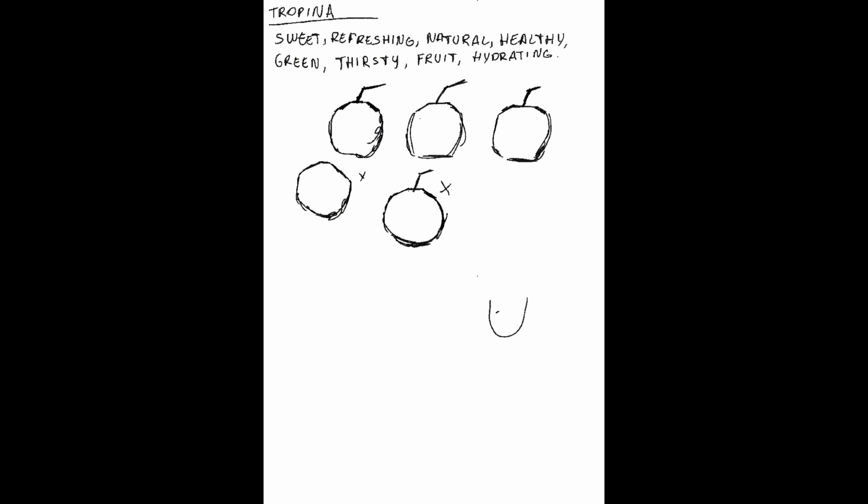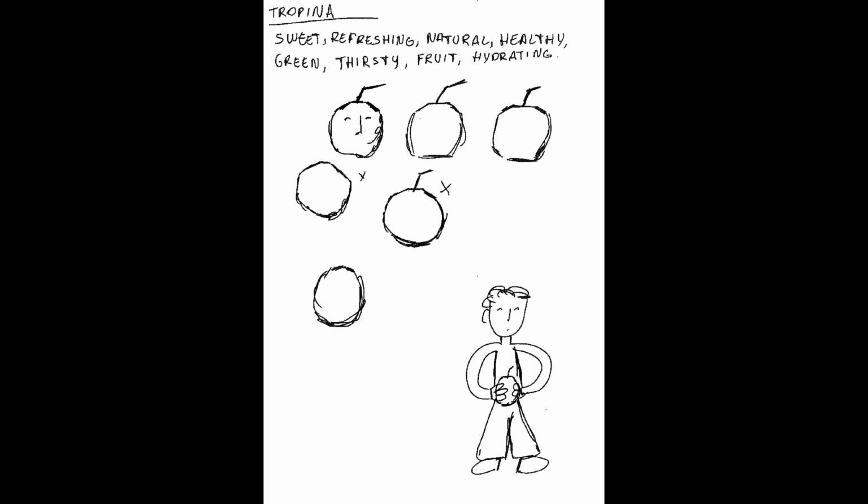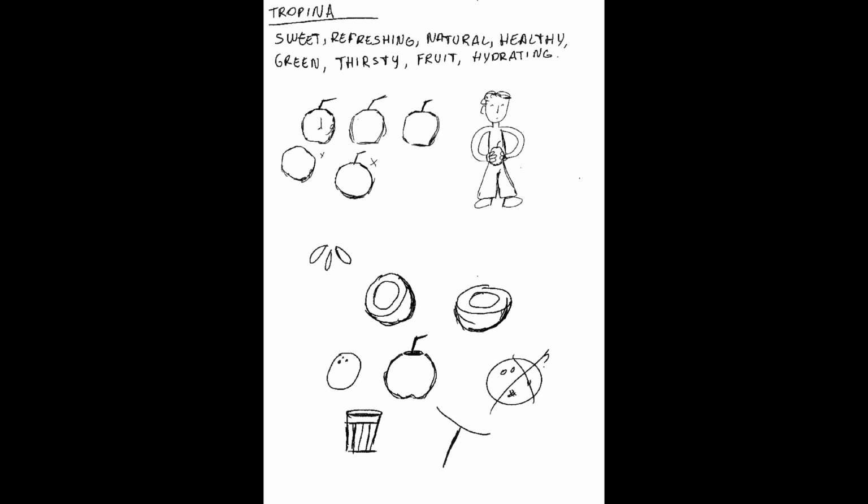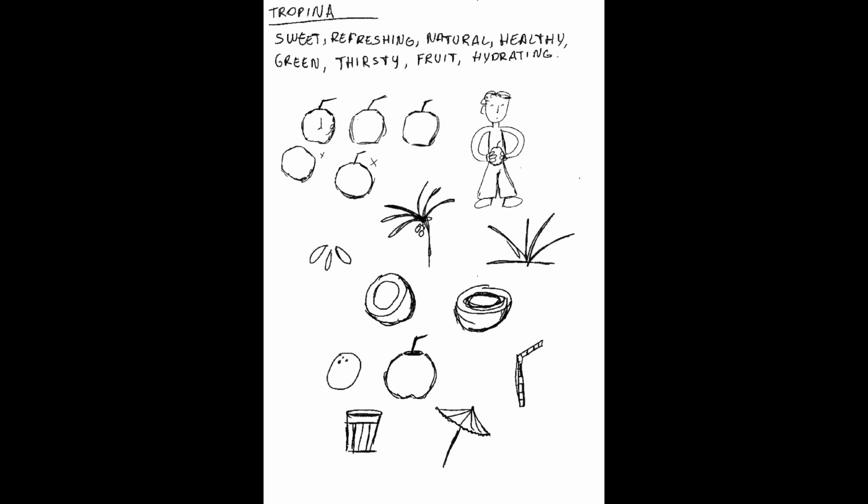I started by writing down some words that came to mind when I thought about the brand and scribbling some really ugly doodles. Coconuts, a cocktail umbrella, a cup, a straw, this little weird guy, palm trees, things that obviously just make sense for the brand. I'm doing this on my iPad on Procreate, but don't worry, you're good with a paper, a pencil, and maybe a couple of markers if you want to trace your sketches.